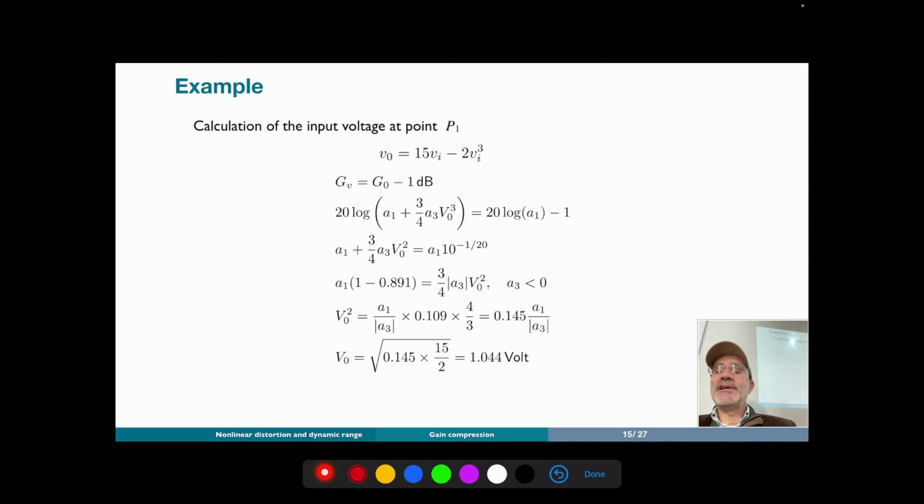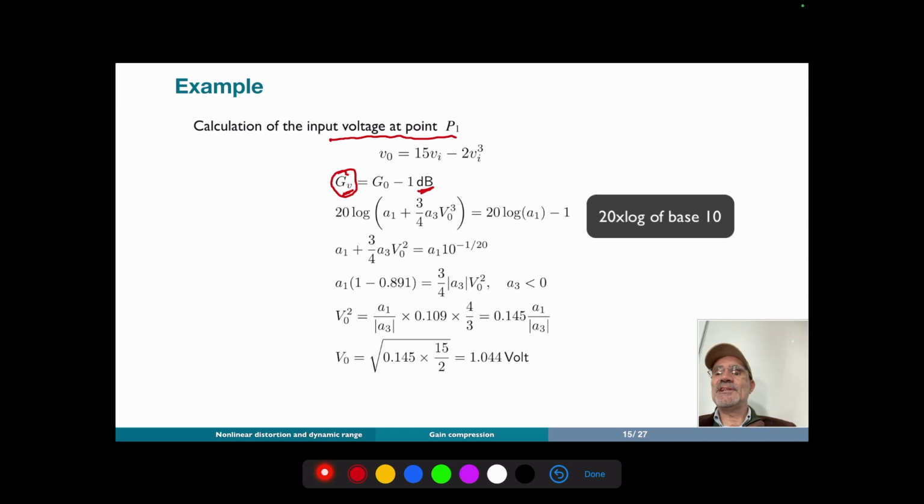If we want to calculate the input voltage at the 1 dB compression point, by definition, the 1 dB compression point is where the gain is reduced by 1 dB. And so the gain of the amplifier is 10 log of this equation here. And the right side is the linear gain, which only depends on A1, minus 1 dB.